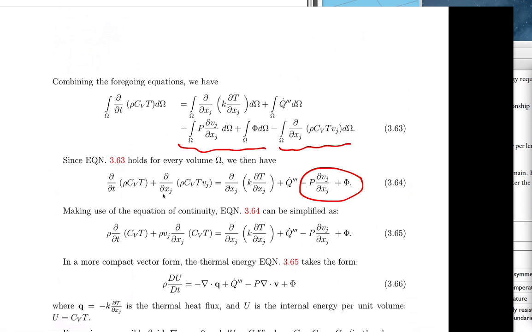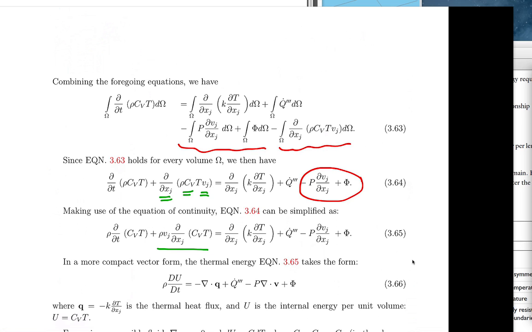But before we do that, look here at the divergence of v_i times rho C_V times T. We can use the chain rule, with v_i as one variable and rho C_V T as another variable, and then use the continuity equation. You get two terms, and by the continuity equation, one of them drops out, and the result is only one term in here.